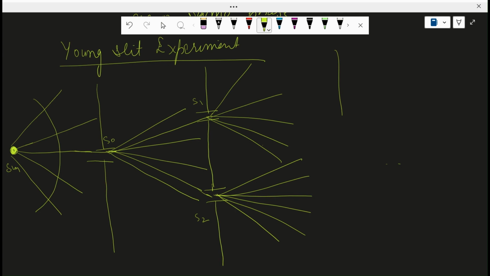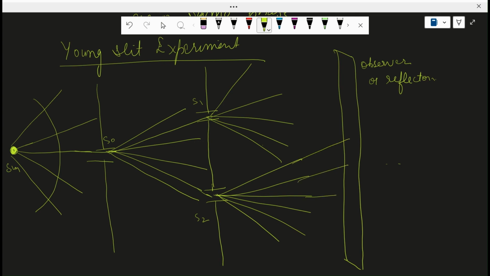So just in order to understand the phenomenon, what happened? We kept a reflector. Let this be the observer, or in case of light, it will be a reflector, right? So when these rays of light fell on this particular reflector or mirror, what did Young observe?